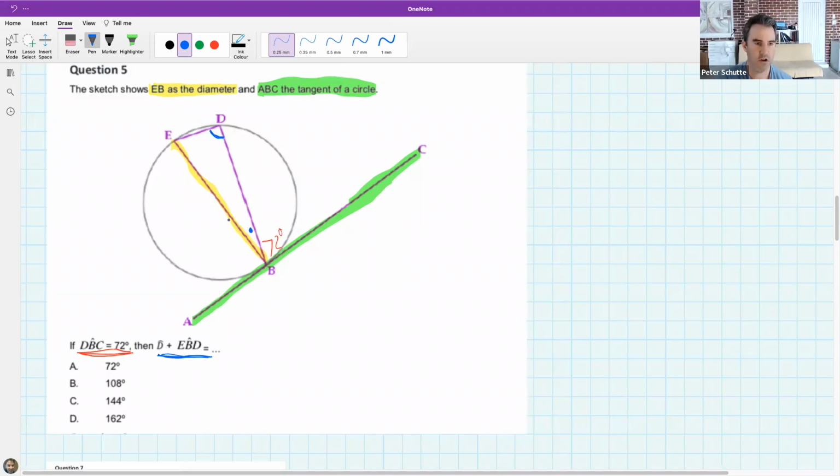So they want to know, if I give you the stuff in red, what is D plus EBD? And I want everyone to have a look and then vote for the answer that they think is true. So take a moment to think about the relationships we've discussed, and then you can tell me what you think your answer is.